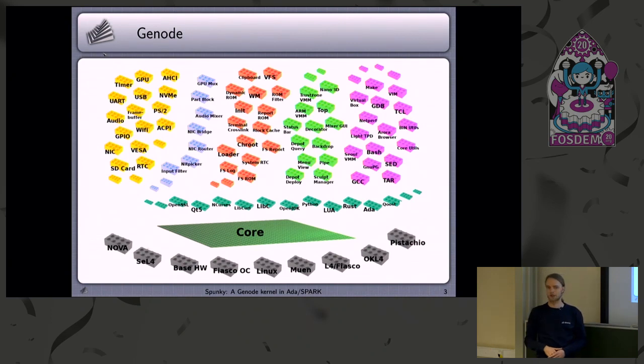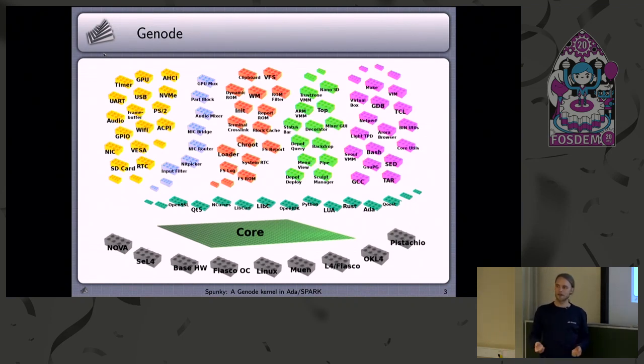You normally don't have to recompile it to use it on a different kernel once you decide to switch. Then on top of it, you have a vast collection of components that you can put together like Lego bricks to create your own individual system. And this system can scale from embedded systems up to desktop systems.